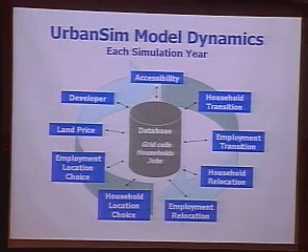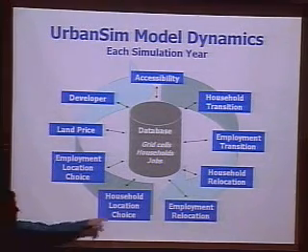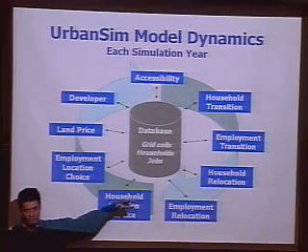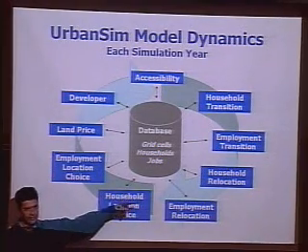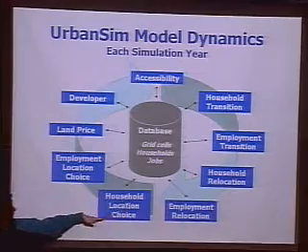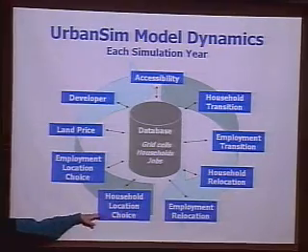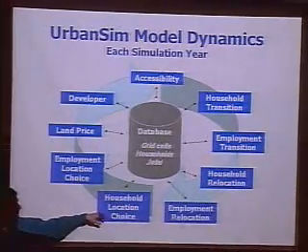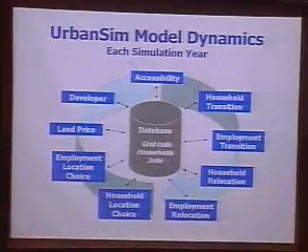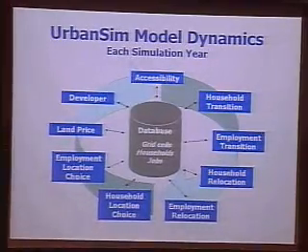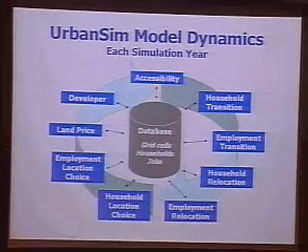Now when we get down to household location choice, we're getting back into logit models. We're not choosing modes, we're choosing a grid cell. So all the households, the 2% of them or however many it was, that are moving during the simulation year, they then go put in the queue for household location choice. So with household location choice, you're choosing a grid cell, and I'll go into more detail on that in a minute.